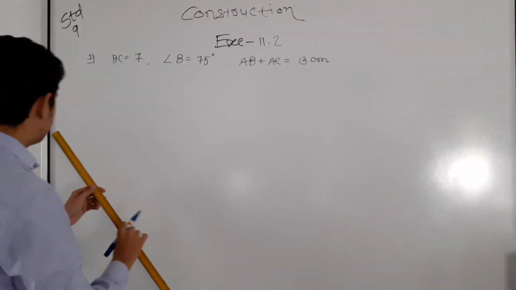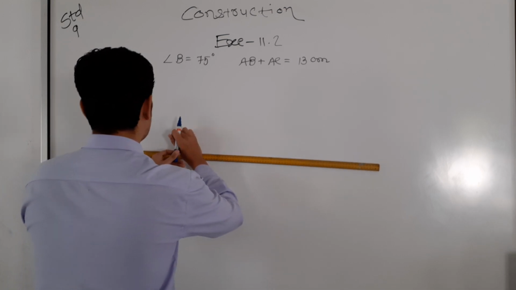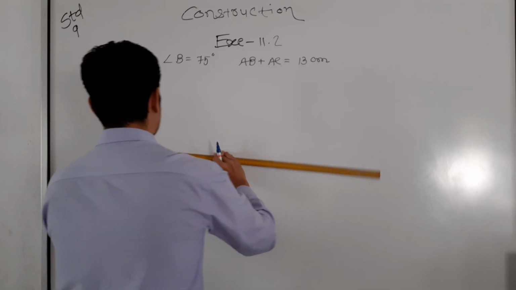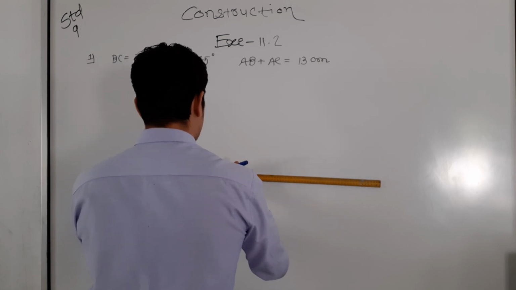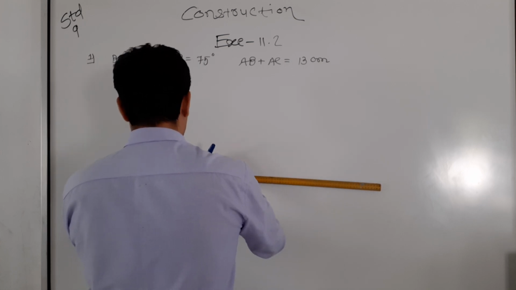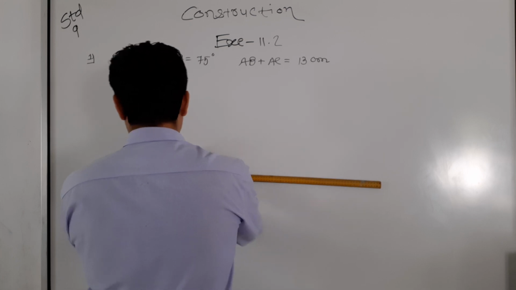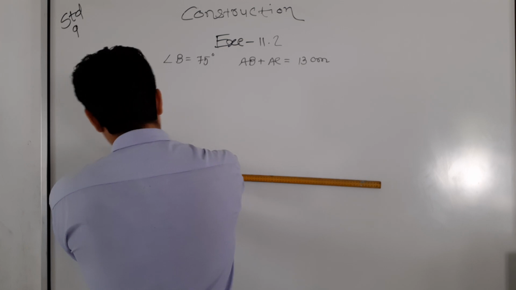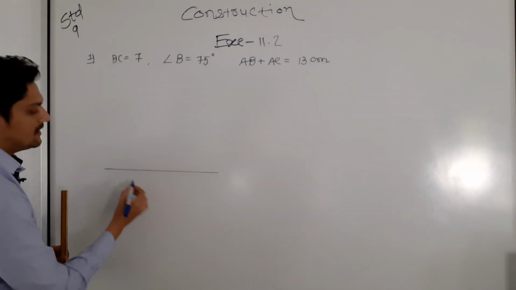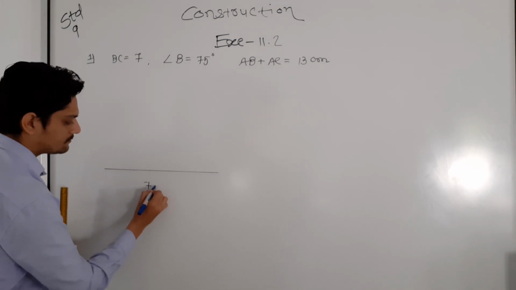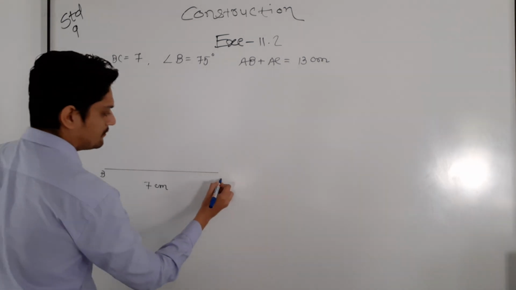So here 7 centimeter, this is the 7 centimeter base, and let it be called BC.